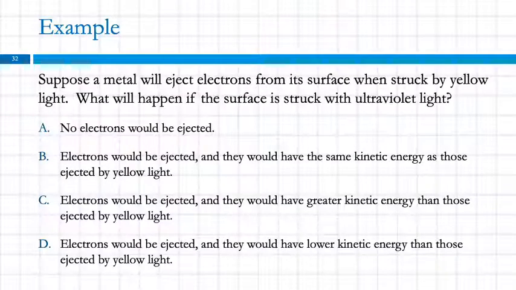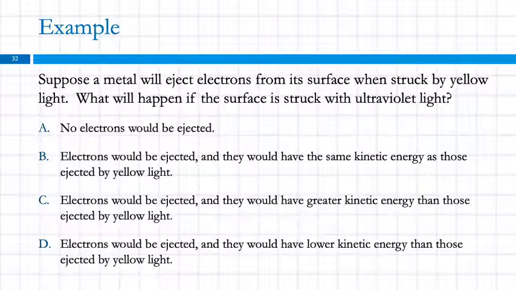So here's sort of a thinking experiment. Suppose a metal will eject electrons from its surface when struck by yellow light. What's going to happen if it gets struck with ultraviolet light? Well, we have to decide, is ultraviolet light higher in energy than yellow or lower? It's higher, right? So ultraviolet's higher in energy, so is that going to be able to dislodge electrons?